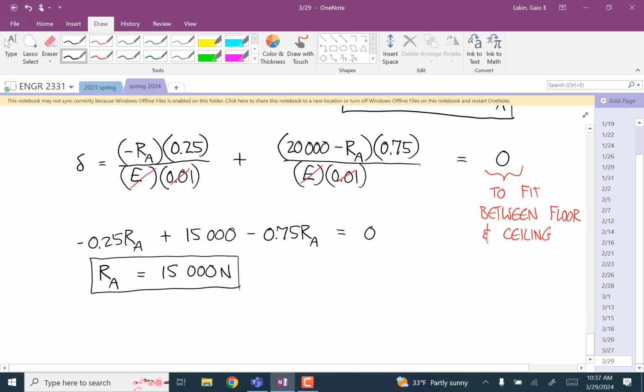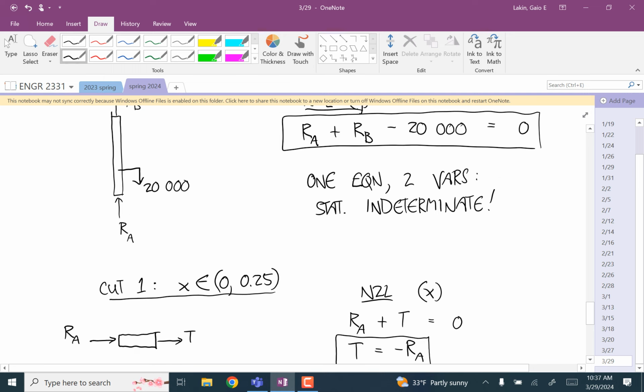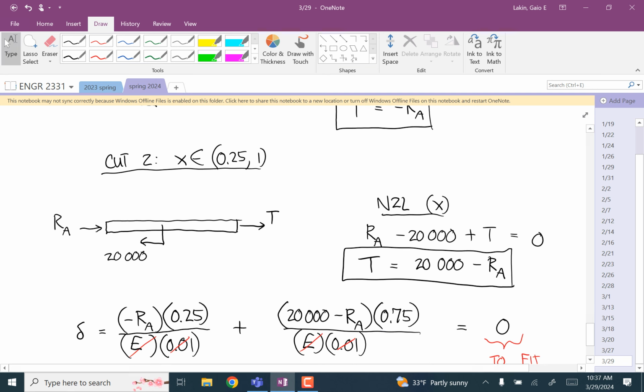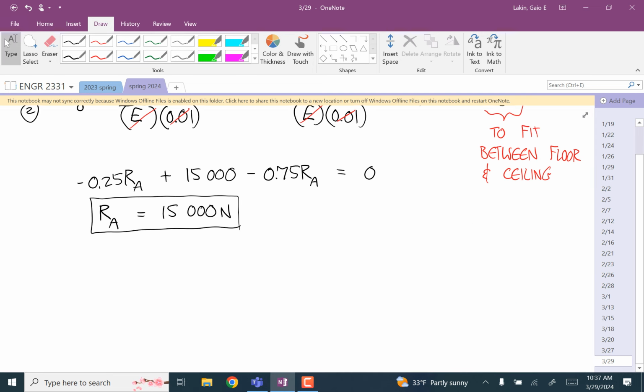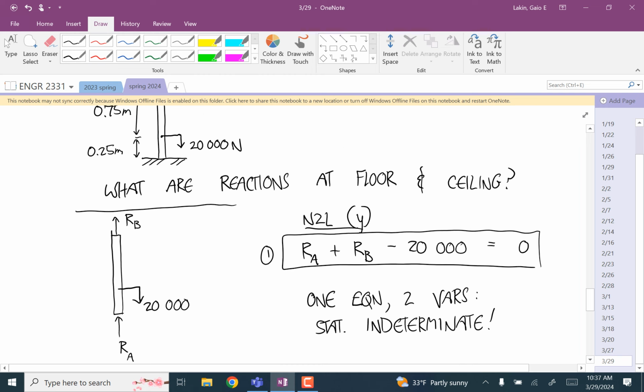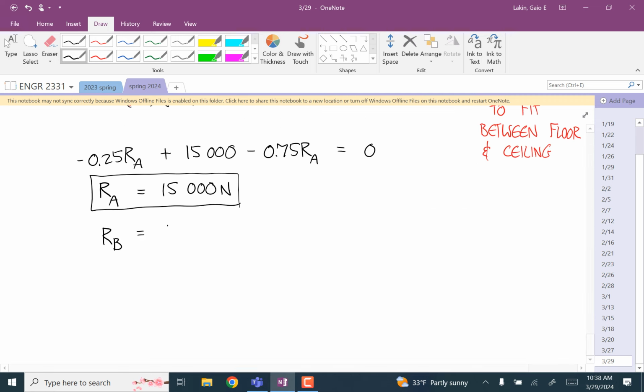And so that is the reaction load at the floor. What about at the ceiling? Well, we have this equation. These two have to add up to 20,000. You can think of this as our first equation. This is our second equation. And so RB is equal to 5,000.